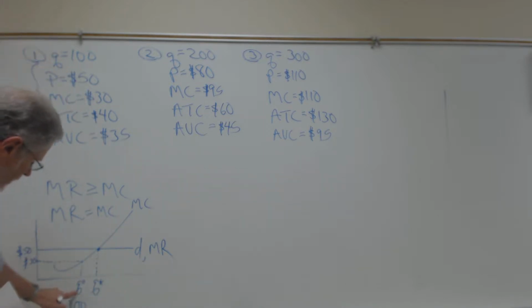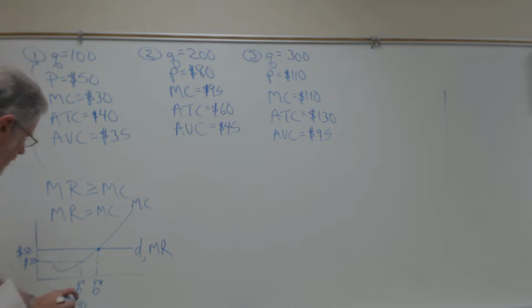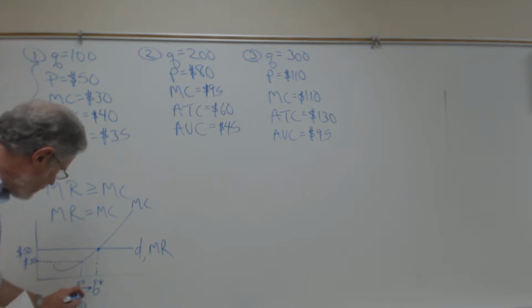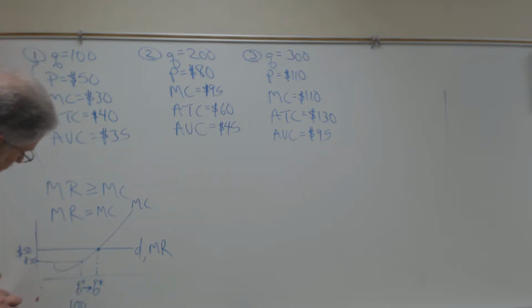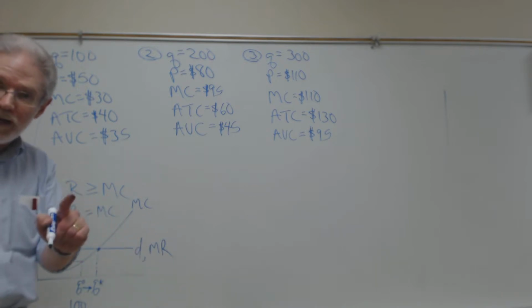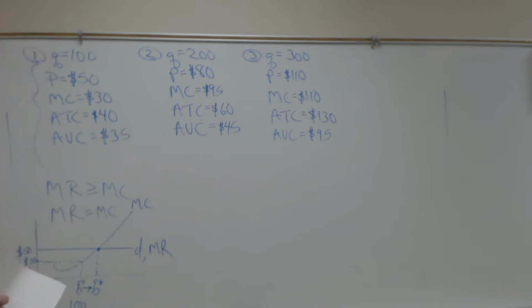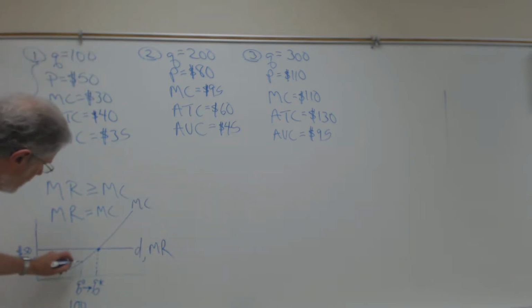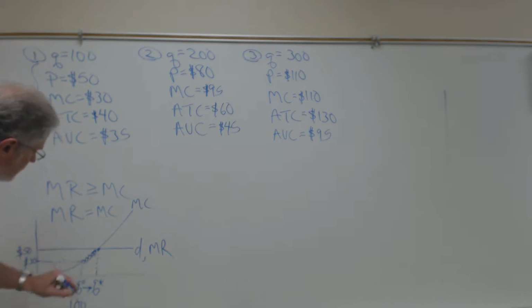No, it shouldn't be here. It should be here. Okay? This firm, our conclusion, answer to part A, this firm should produce more. It should expand. It needs to produce every unit where marginal revenue is greater than marginal cost. So as it expands, its marginal cost will go up.